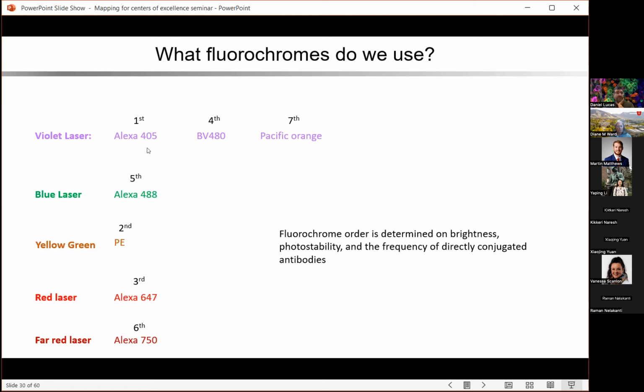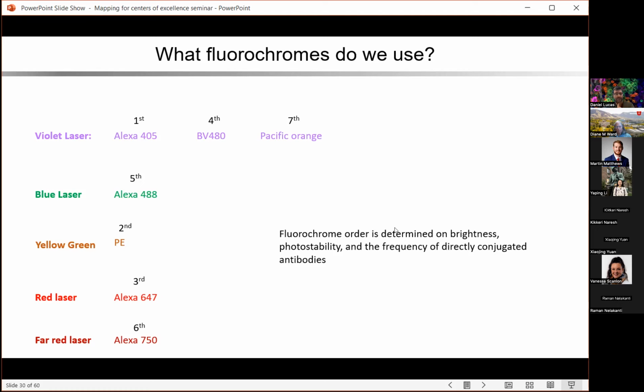In this setting, we are using Alexa 405, BB480, and Pacific Orange from the violet laser, Alexa 488 from the blue laser. From yellow-green lasers, we use PE, red laser Alexa 647, and far red lasers Alexa 750. Here I've indicated the fluorochromes that we use and the order in which we prefer to use them.